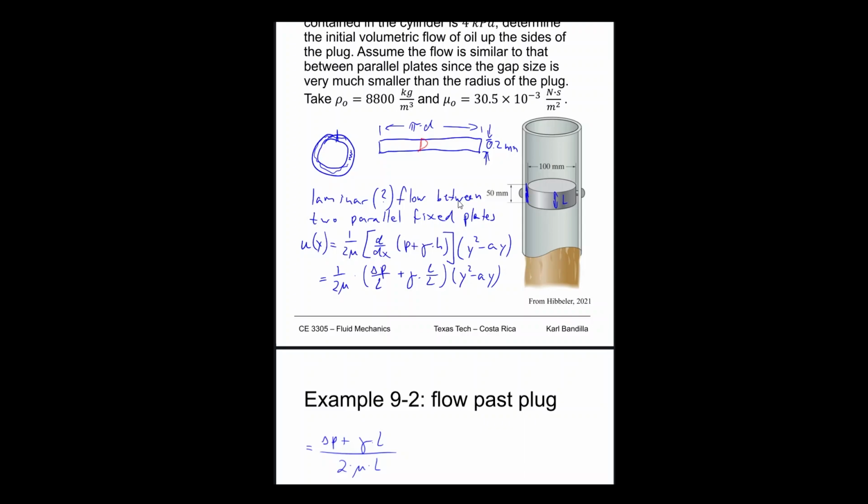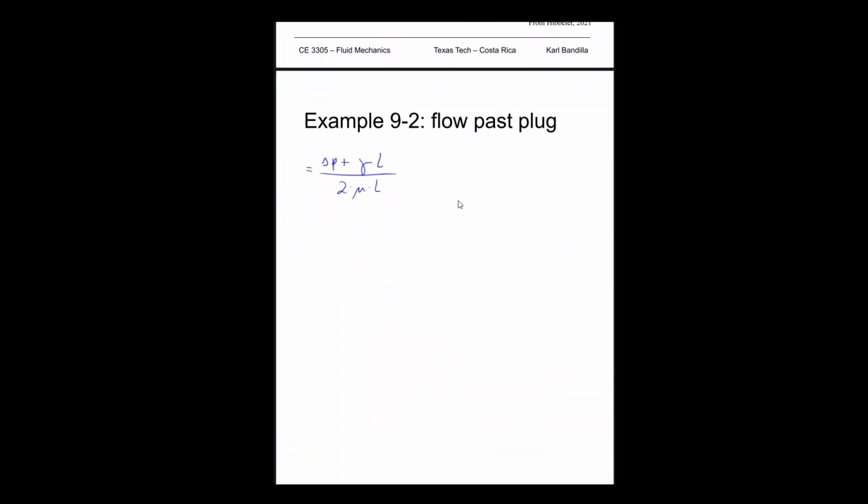So now we need to integrate that to get to our flow. So let's say Q is then just going to be integrating over our area of u of y, the one that we just defined, times dA.